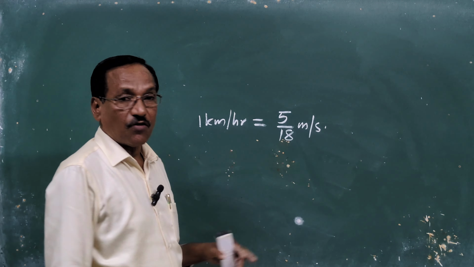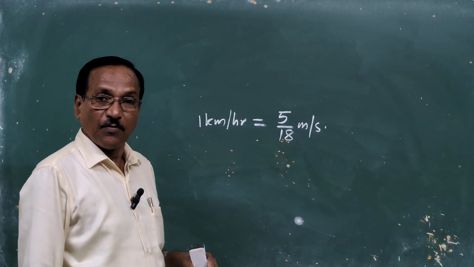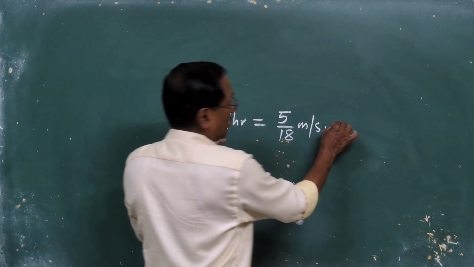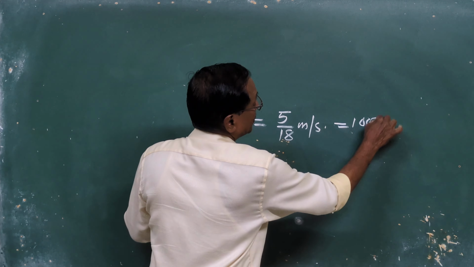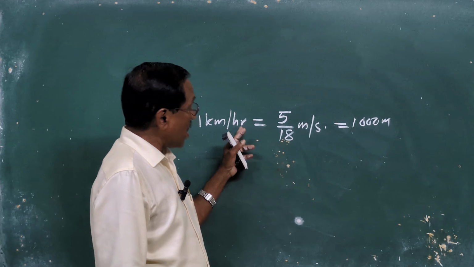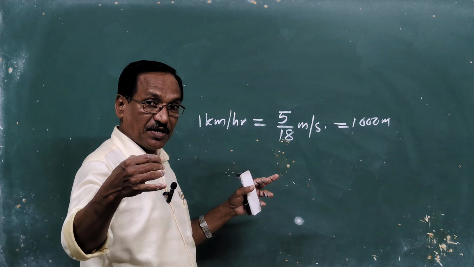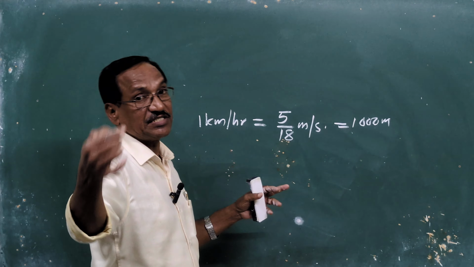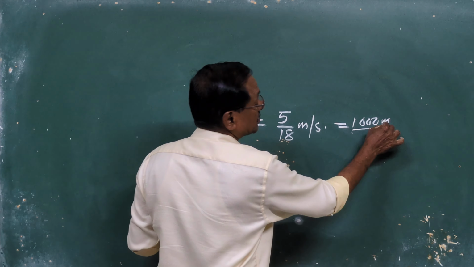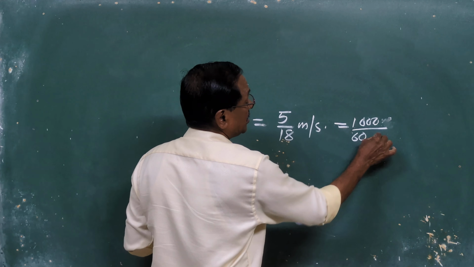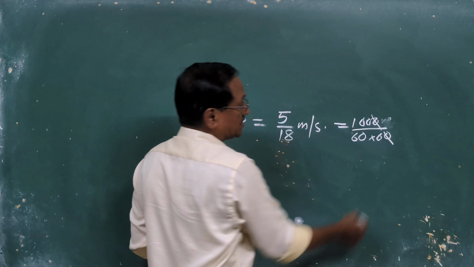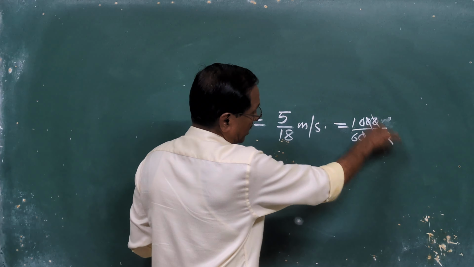Actually, this 5 and 18 comes from 1 kilometer means 1000 meter. 1 hour is 60 minutes and 1 minute is 60 seconds. So 1 kilometer per hour means 1000 divided by 60 into 60. On simplification, we can cancel 1 zero. Again, we can cancel 1 zero.